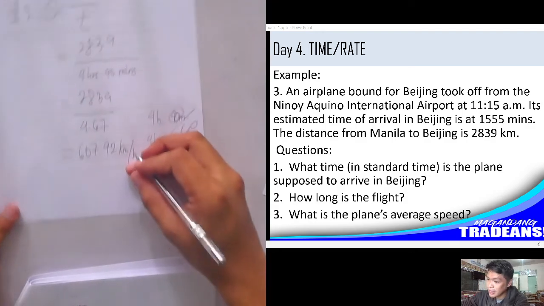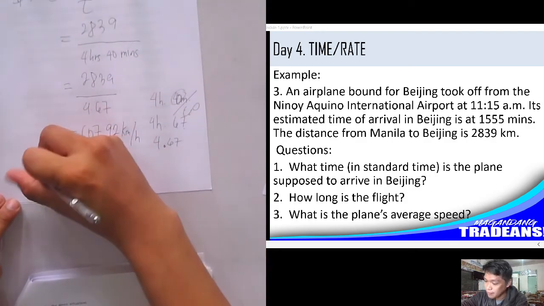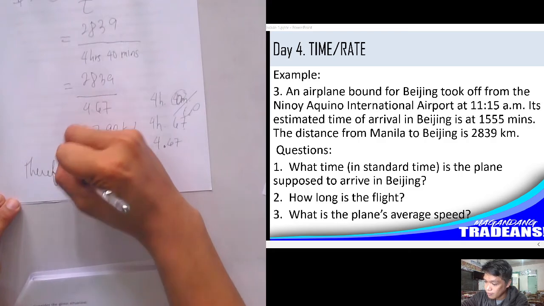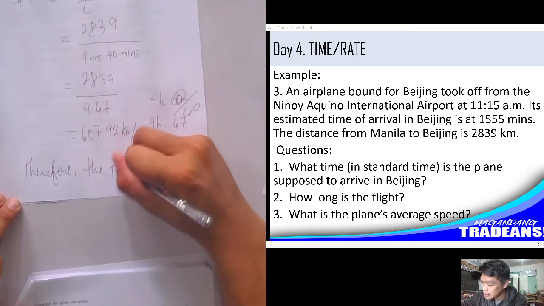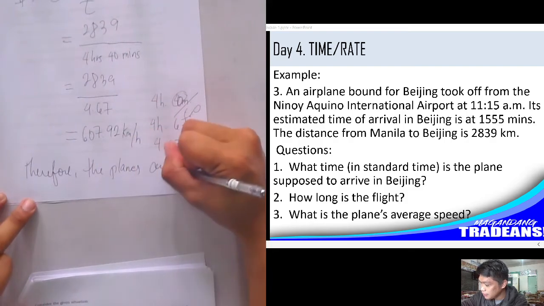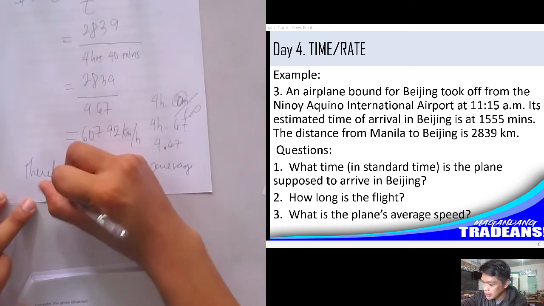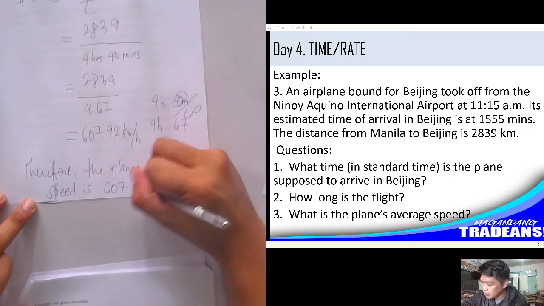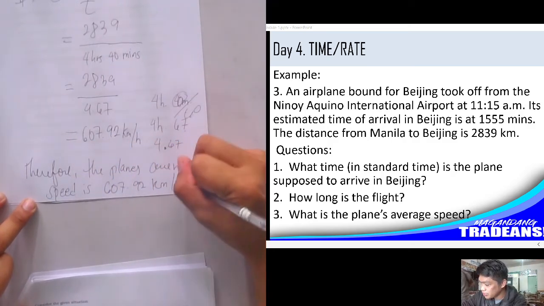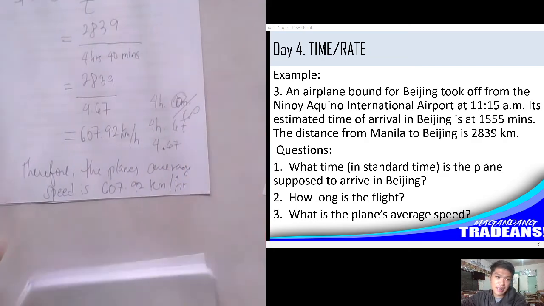Now, conclusion tayo. Therefore, ang question, the plane's average speed is 607.92 kilometers per hour. Okay, that is now the answer. Okay, please copy for the third example. Next, we will proceed for the next one.